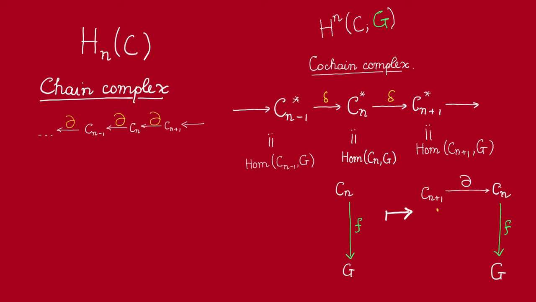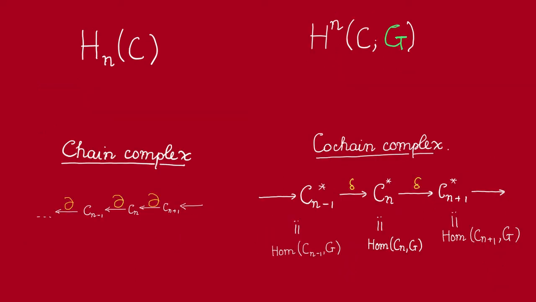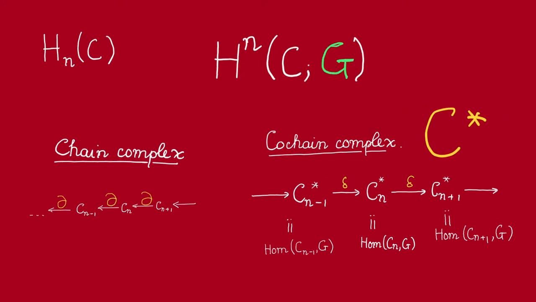In other words, it's going to be this n+1 cochain: the value of the coboundary of f on any n+1 chain is equal to the value of f on the boundary of that n+1 chain. Thus, this defines a cochain complex dual to C, and the cohomology group of C with coefficients in G is just defined to be the cohomology of that dual complex.